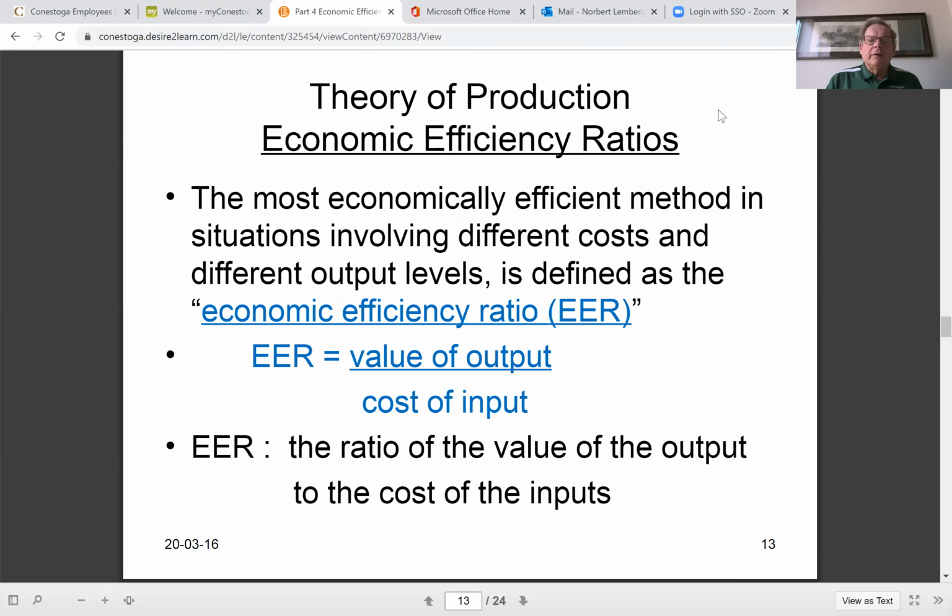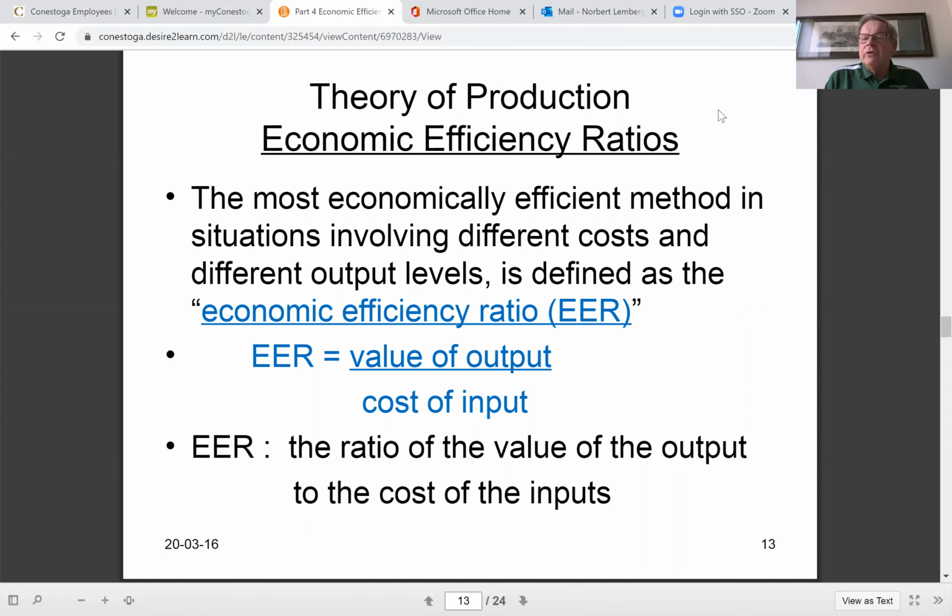So the most economically efficient method in a situation involving different costs and different levels of output is defined as the economic efficiency ratio, which is equal to the value of the output divided by the cost of input.